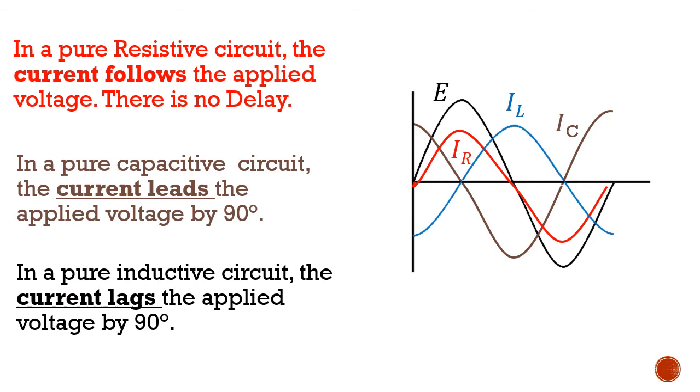When we have an inductive circuit, the inductor chokes back the current, and we say that the current lags the applied voltage by 90 degrees. When you compare the capacitive current to the inductive current, you will notice that they, with respect to each other, are 180 degrees out of phase.